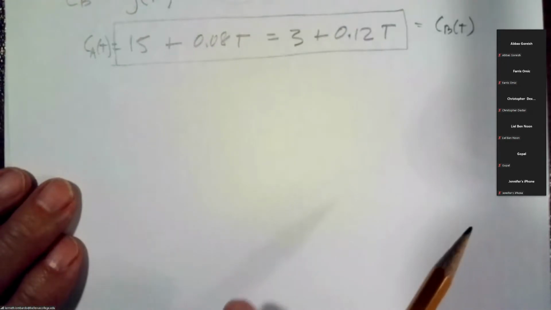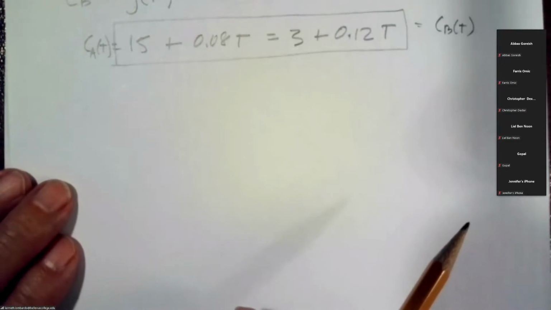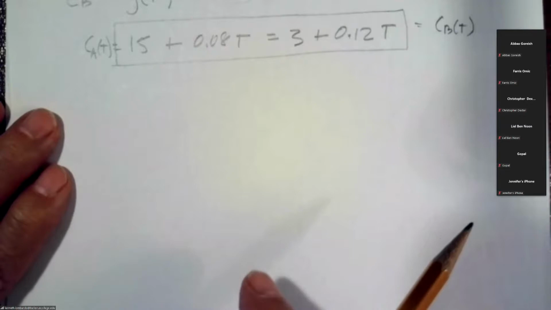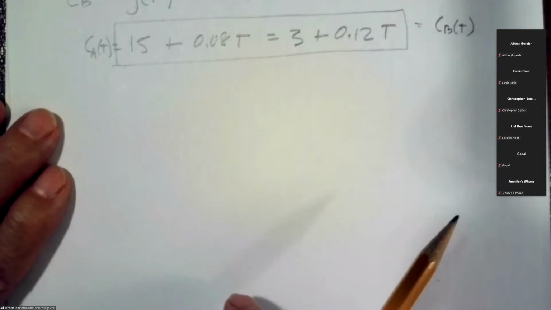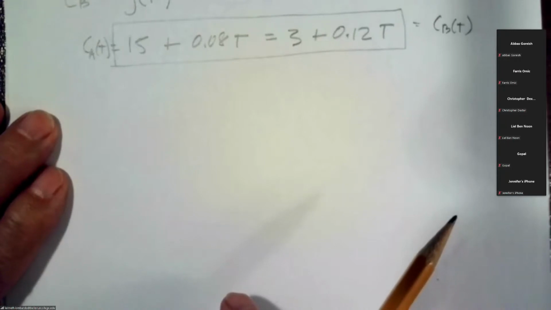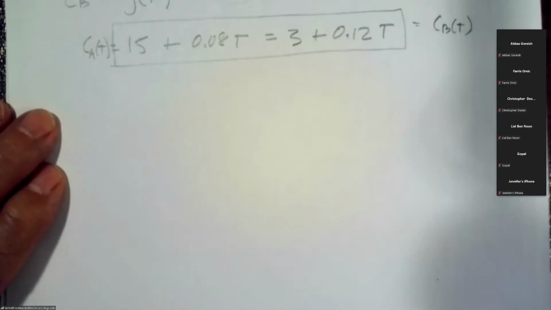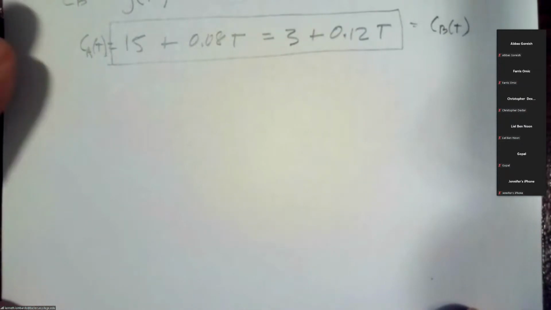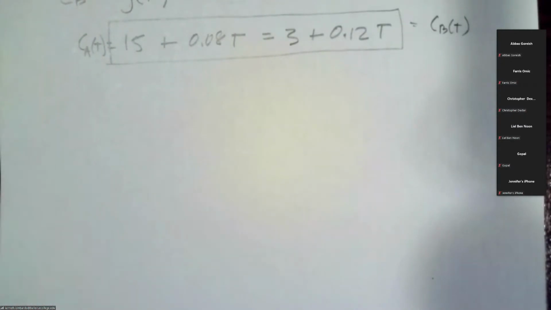Let's go ahead and solve that and see what we get. And just open your mic. And hopefully we'll have some new volunteers participating. We don't want just one or two people having all the fun.